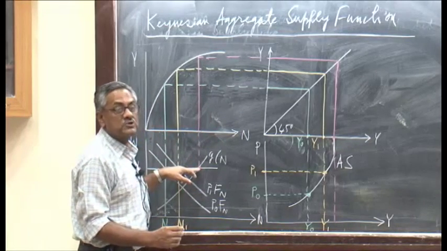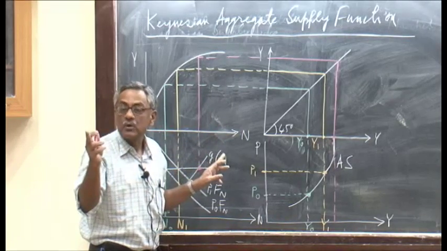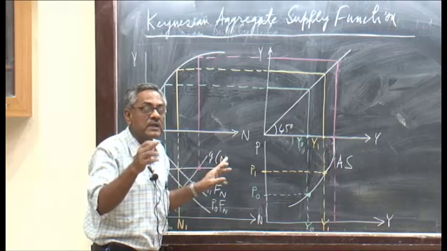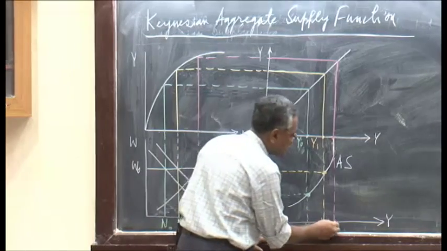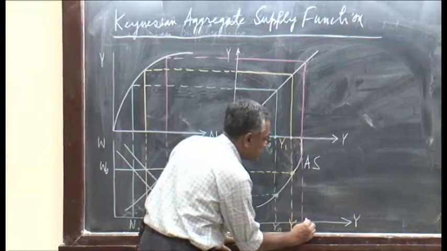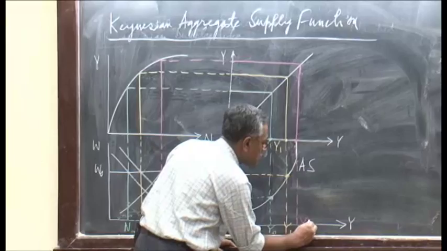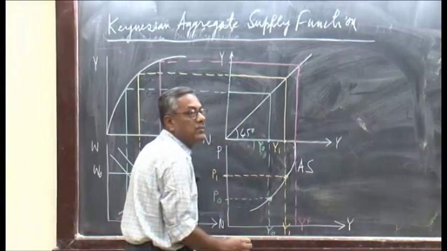is where labor supply is equal to labor demand according to the classical model. What is it, when labor supply equals labor demand? Exactly. This is some output level which is called the full employment output level.